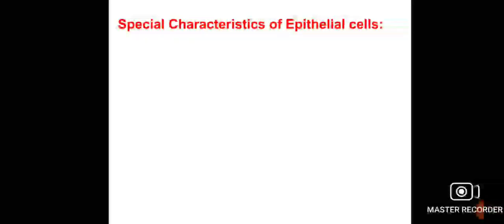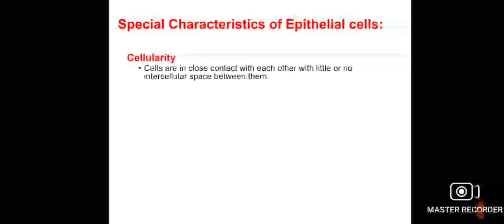Now, what are the special characteristics of epithelial cells? Cellularity: cells are in close contact with each other with little or no intercellular space between them. Adhesion is through specialized cell junctions. Polarity: polarity means each cell has different poles.